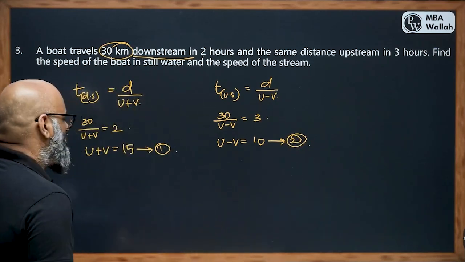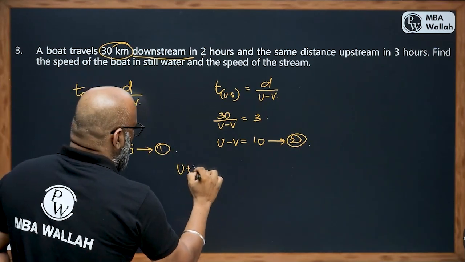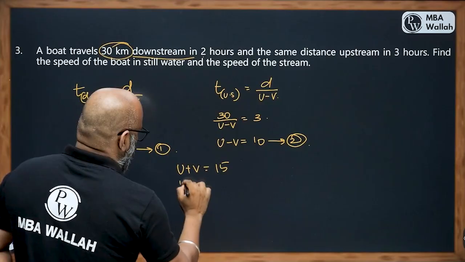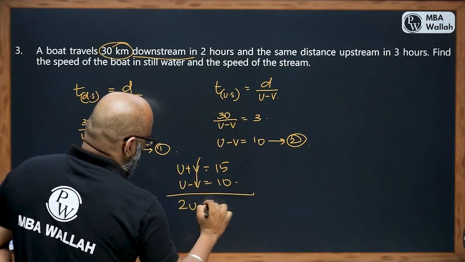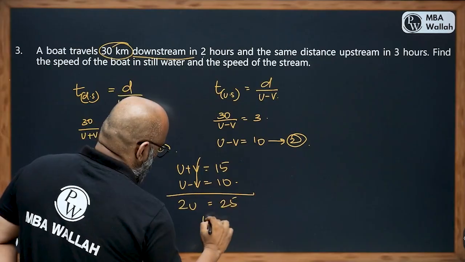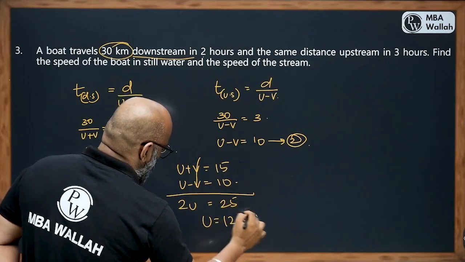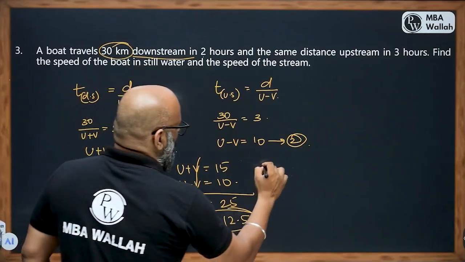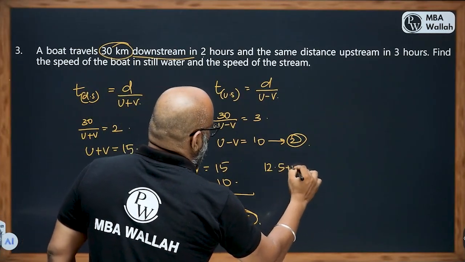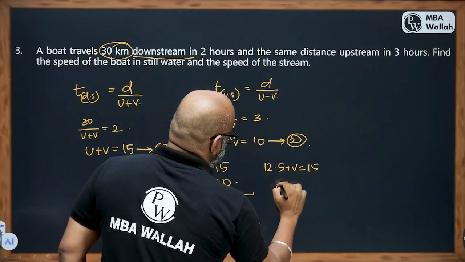Solve both equations. u plus v is equal to 15, u minus v is equal to 10, 2u is equal to 25, u is equal to 12.5. So substitute u equal to 12.5 in this. 12.5 plus v equal to 15.